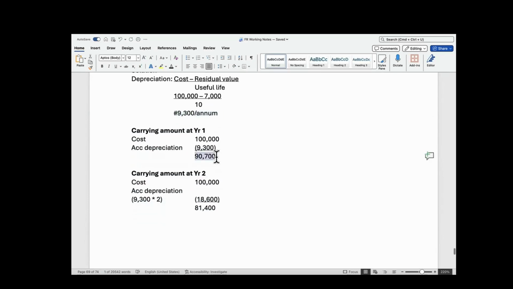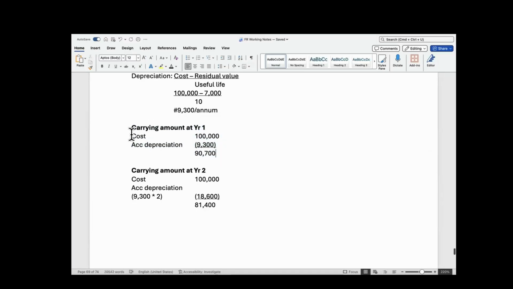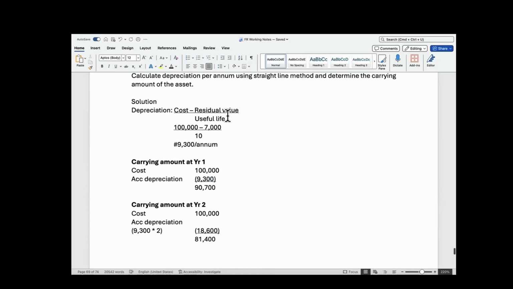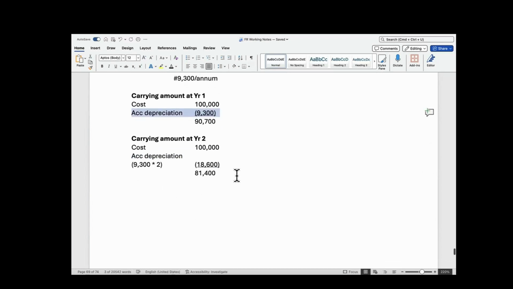This amount is what goes to the statement of financial position, and you reference the workings you have done. But as you can see, in each year, the cost of the asset remains the same, meaning your asset account remains at 100,000. It does not change. This one that I'm reducing is in a separate account entirely.